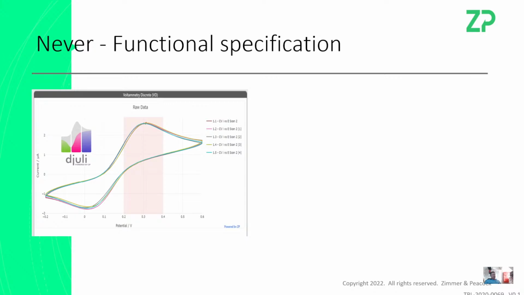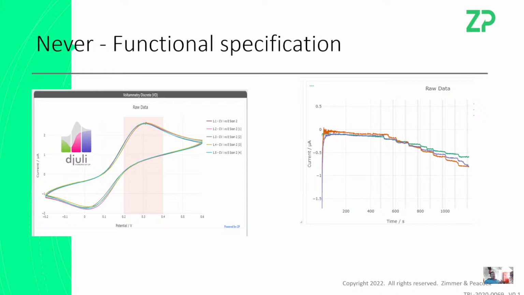So here I'm showing cyclic voltammetry, and because we have this proprietary system called Julie, we're able to gather data in our facility and process the data very quickly and turn raw data into information. Because it's cloud-based, it can also run at other people's facilities. So you need the ability to manufacture screen printed electrodes, the ability to test them, and then we can just upload the data to the cloud and process it.